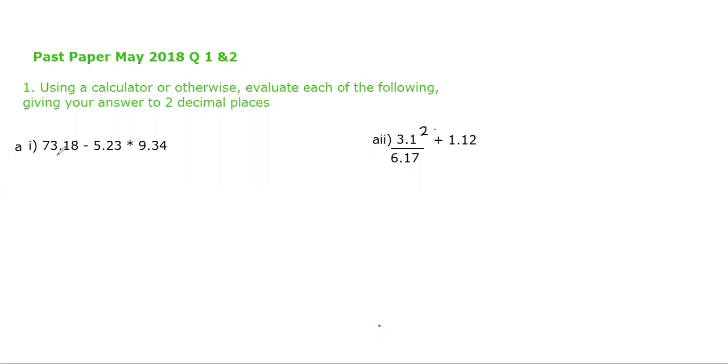So as you see here, 73.18 minus 5.23 times 9.34. Now, as you would have known, the very first thing that you do when you see 2 different operations, as you see a multiplication operation, and take note the asterisk will be used for multiplication, right?